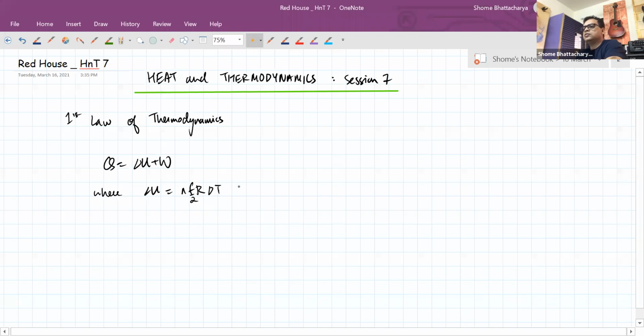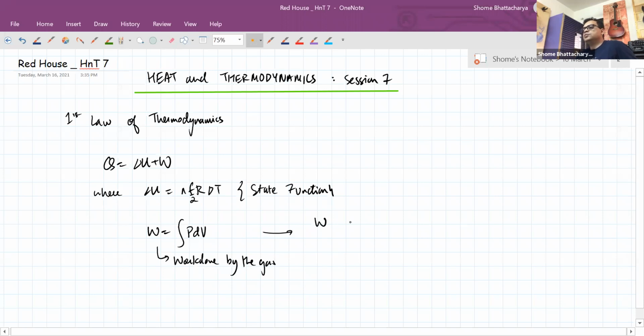This is the state function, whereas the other two are the path functions. The important thing is W is the work done by the gas, so it is integration PdV here. So W is positive for an expansion and W is negative for a compression.